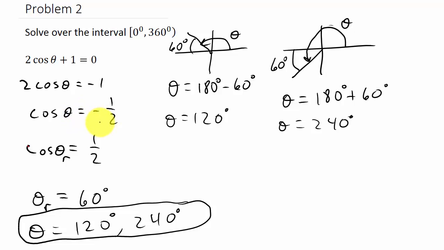But in the previous problem, it was a trig function equals a positive, so the reference angle will be a solution there. And so when I changed it to a positive, I found my reference angle 60 degrees, and I used that to find my second quadrant angle, and then I used the reference angle to find the third quadrant angle.